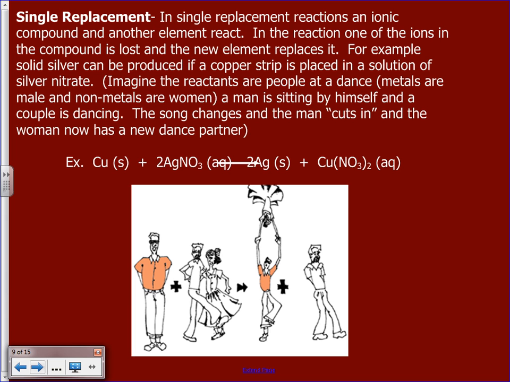And the non-metals, even though they do bond together chemically, it's not right in a reaction like this. So you always have to have a metal and a non-metal. So whatever you have by itself is replacing the thing like it. In this case, there's a metal by itself; it's going to replace the metal that's already in this compound. If you had a non-metal out here, then it would be replacing the non-metal that's in that compound.